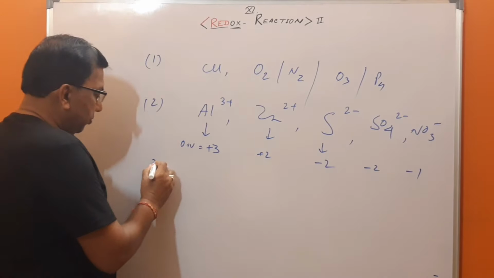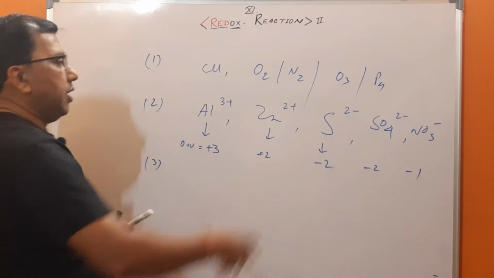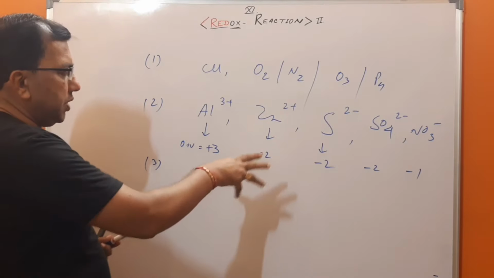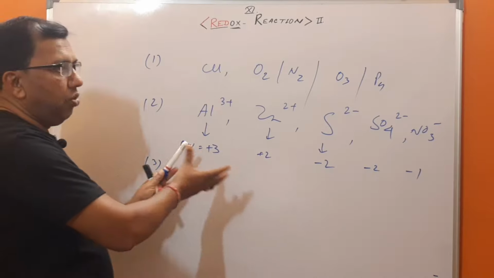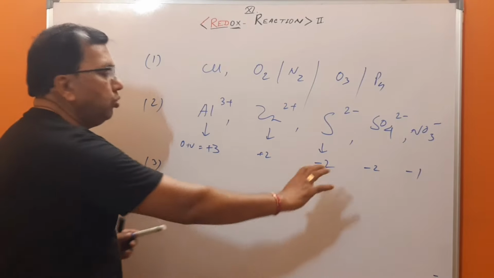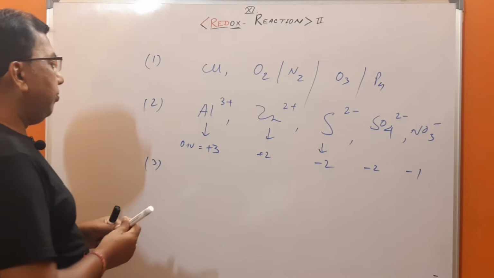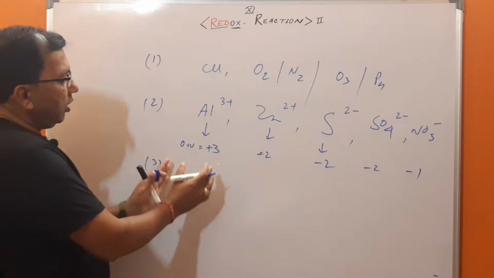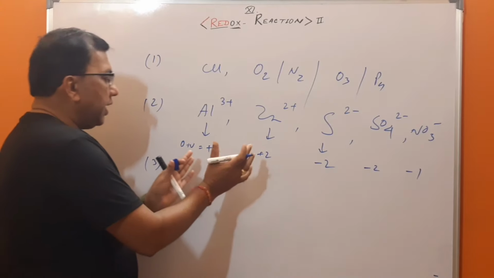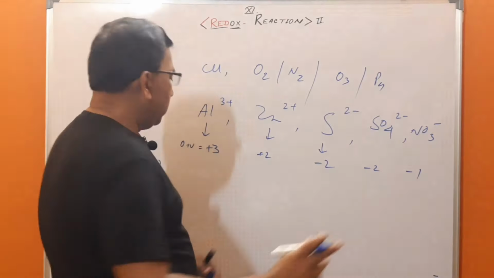Number 3. What is number 3? The algebraic sum of all the oxidation numbers in a compound must be equal to 0. Clear?